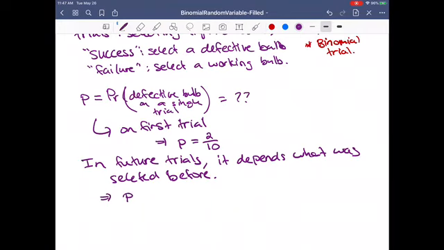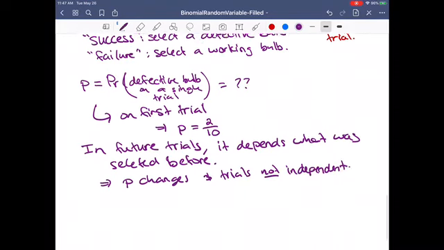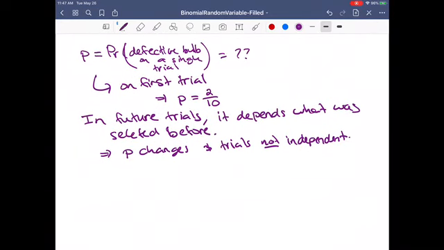So that means p changes and the trials are not independent. So here is an example where x is not a binomial random variable. It's as close as you can get to 1, essentially, but it's not binomial.